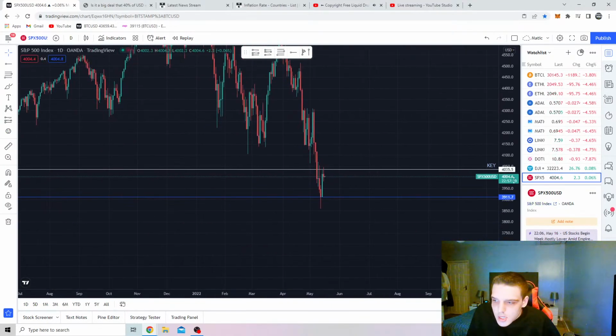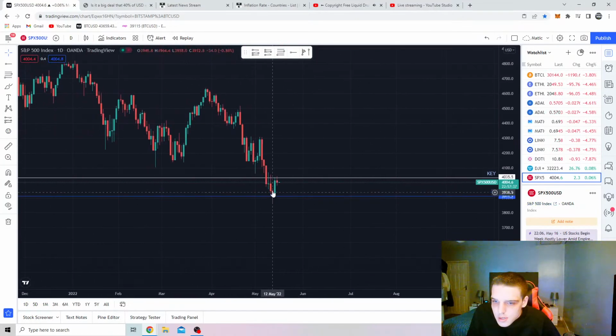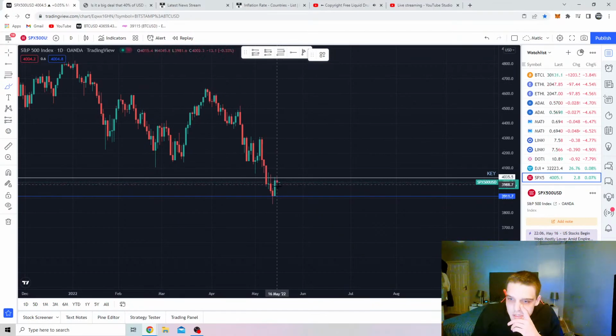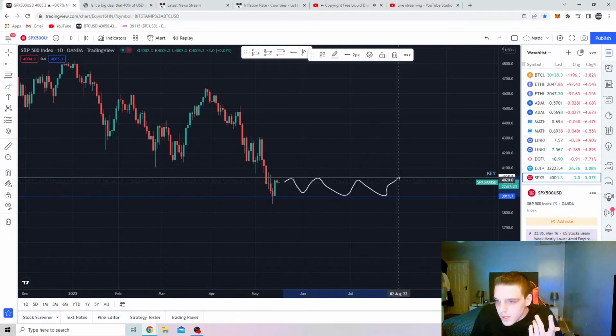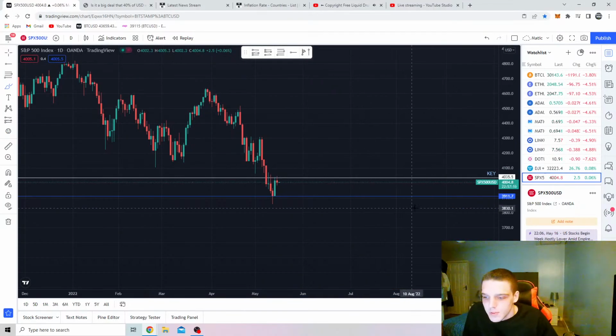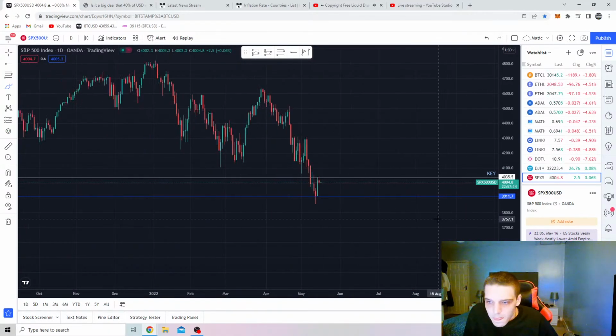As you can see, it's essentially similar to what Bitcoin's doing. It's ranging between two levels. So for the next, I don't know, couple weeks maybe, potentially we could see something like this, where we go like that, come back to, it could be something like that, where we just range for a little bit, and then we go back up, come back down. And then obviously if that happens, then Bitcoin will follow suit.